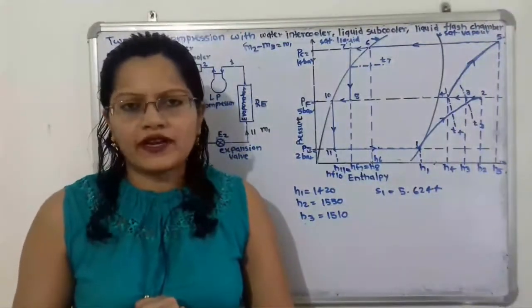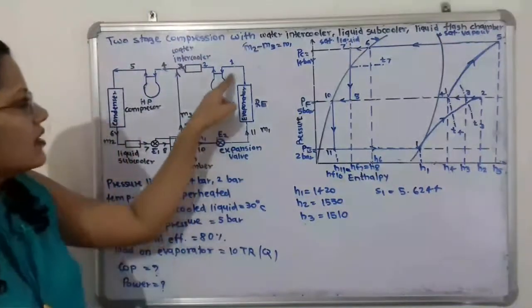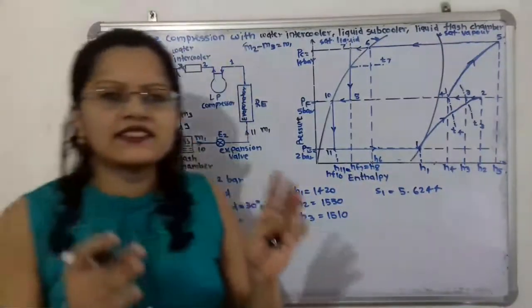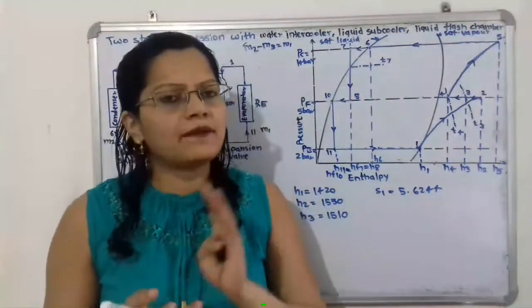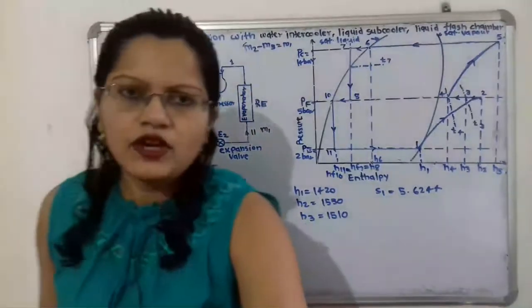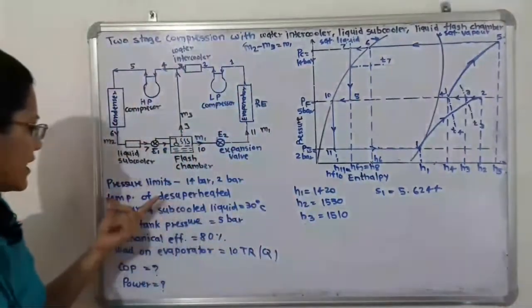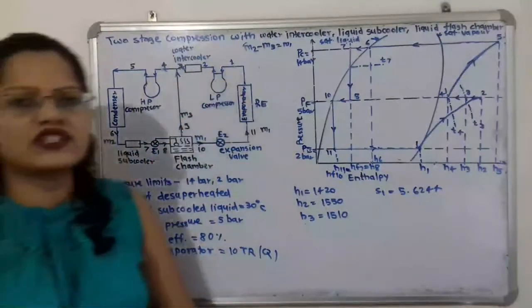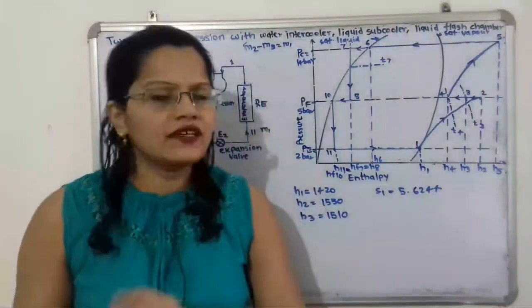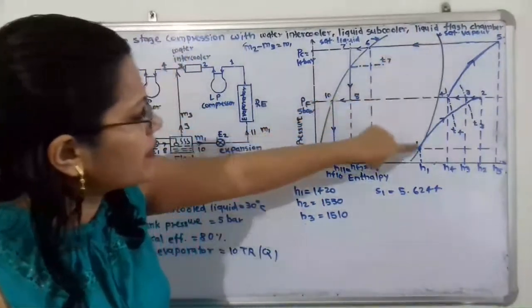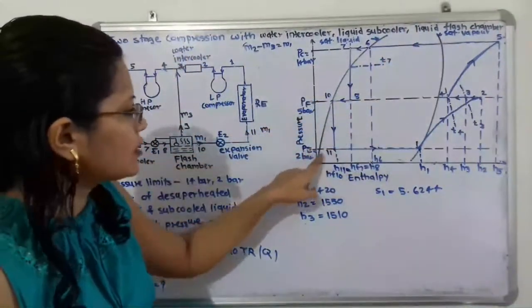So how to find out? We know that when the refrigerant is leaving the evaporator, it is in the saturated vapor state and the pressure is equal to the pressure in the evaporator, that is PE. This PE is given in the data, that is 2 bar. So here the saturated vapor line is there and this is the pressure of 2 bar.